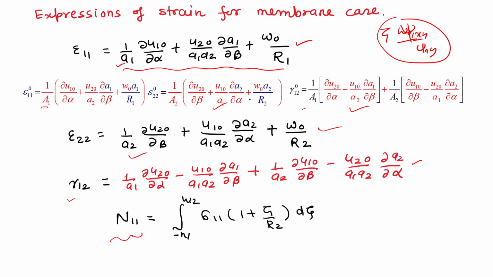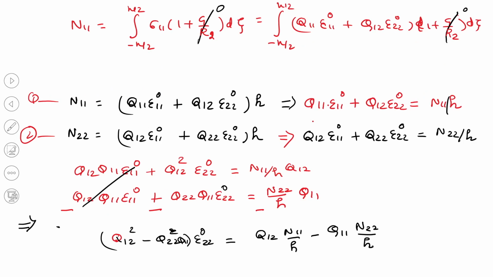Now we are interested in the expression of N11. The general expression of N11 is this. Now if you substitute the constitutive relations, Q11 epsilon 11 naught plus Q12 epsilon 22 naught, integrated over d zeta, then N11 gives you this expression.